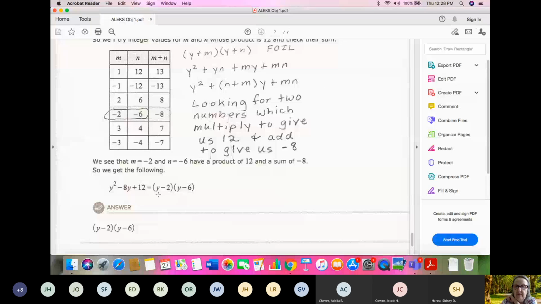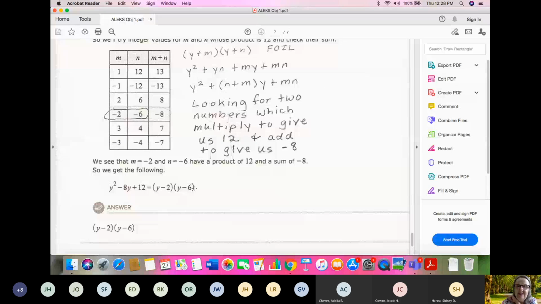We put a y in the first position of the first factor and in the first position of the second factor. Now we look at these numbers, and we're putting -2, writing it as minus 2 in here because adding a negative is a minus. And we're putting -6 in here.